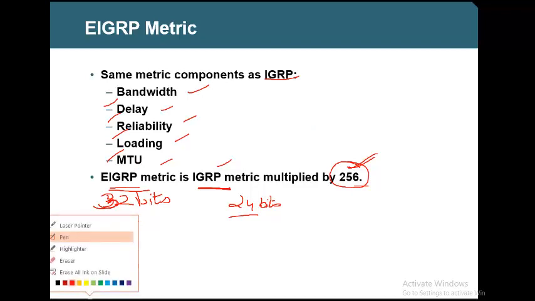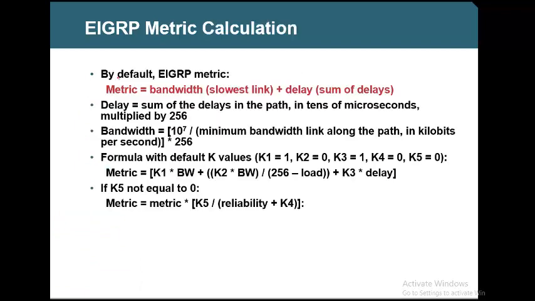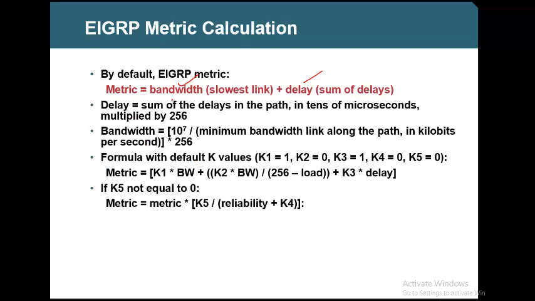Now, what about the metric of EIGRP? Are we going to use all these 5? You see, we have bandwidth and delay, only 2. Even though we got 5 metrics, only these 2 are considered. Metric is equal to slowest link bandwidth plus sum of delay.